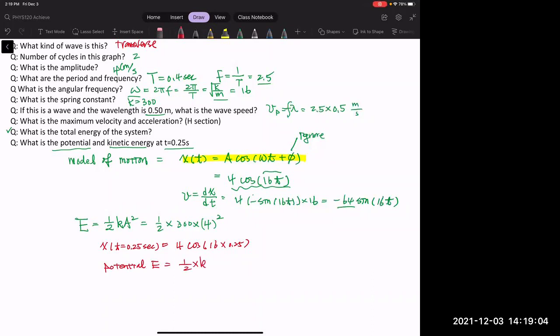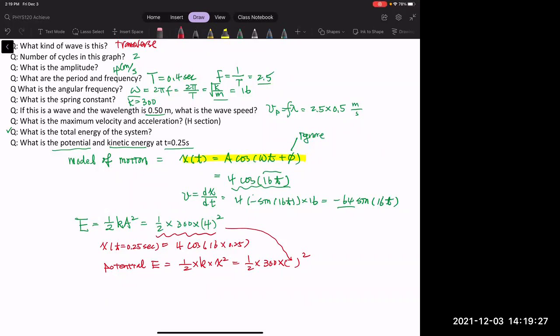Potential energy is 1/2 K x squared. So that is 1/2 times 300 times x. X is going to be this one here. Put this number here, square it, and that's your potential energy. Now, what about kinetic energy?